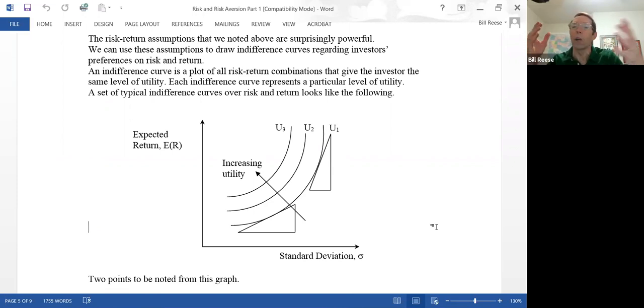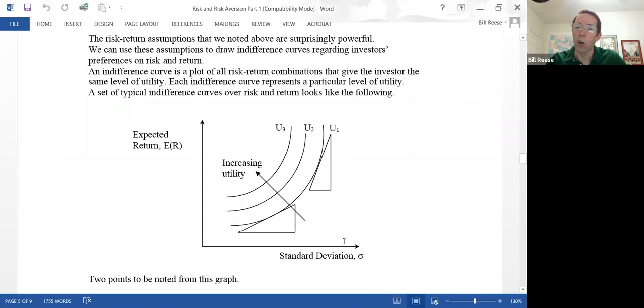You want friendships, you want love, you want a home and all these other things. But in terms of your investments, you want more expected return and you want less standard deviation. So if we see here on this, notice you get more utility by moving northwest on this graph. If we move northwest, our utility goes up because we get more expected return and we get less standard deviation.